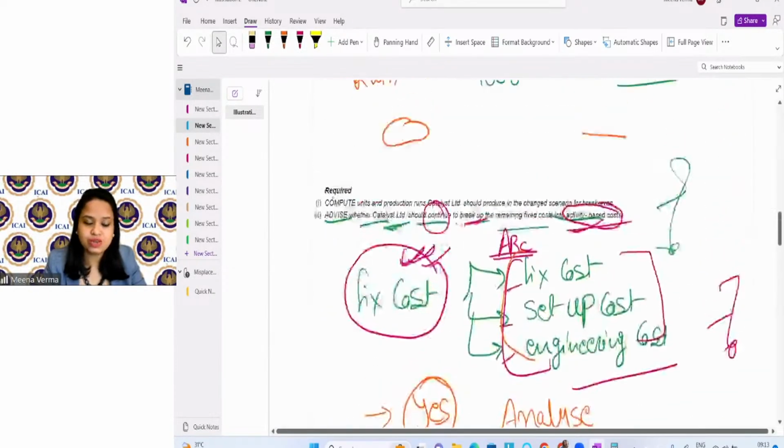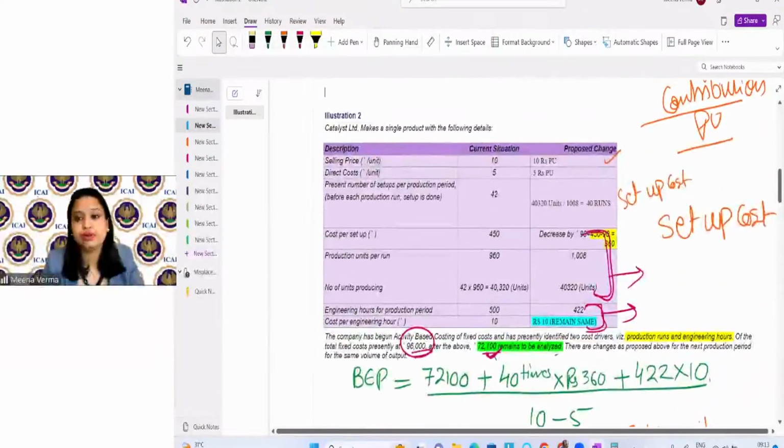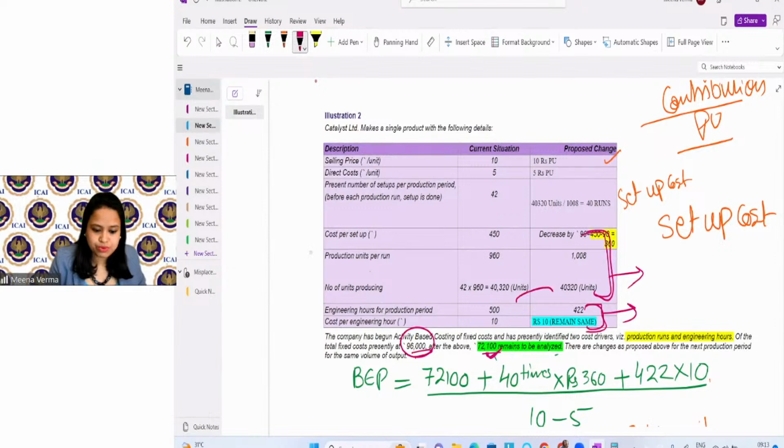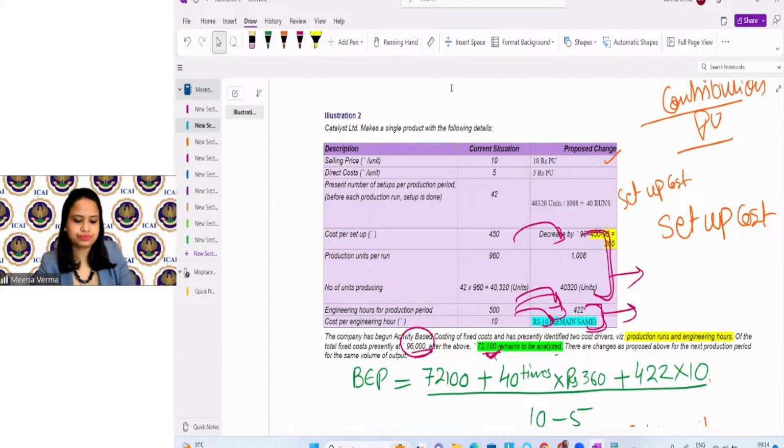By the way, engineering cost you're incurring to implement the just-in-time system, but you can see here, when you classify them under the proposed system, it has reduced to some extent. Setup cost has reduced to some extent. Engineering cost has reduced to some extent. Obviously, after breaking up, they found the way to reduce them, no? So it is good to reduce them.